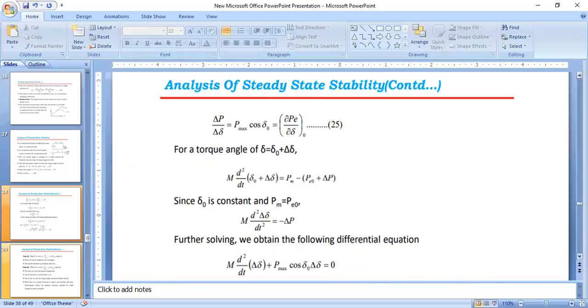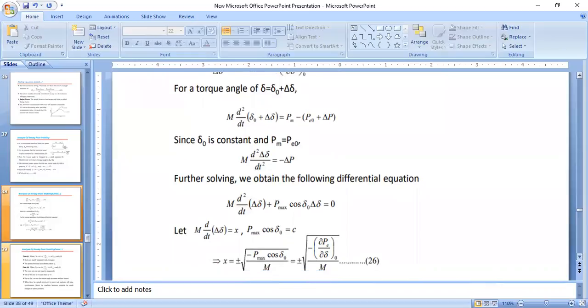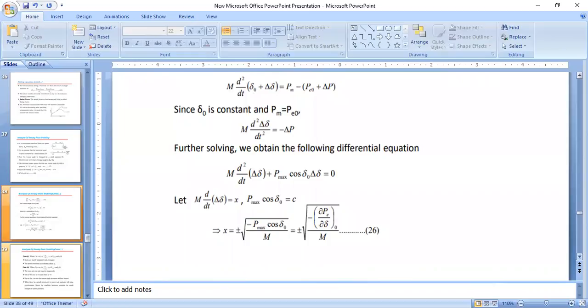M d square by dt square of (delta 0 plus delta) is equal to Pm minus (Pe0 plus delta P). Since delta 0 is constant and Pm is equal to Pe0, the equation becomes M d square delta by dt square is equal to minus delta P. Further solving, we obtain the following differential equation: M d square delta by dt square plus P maximum cos delta 0 delta is equal to 0.